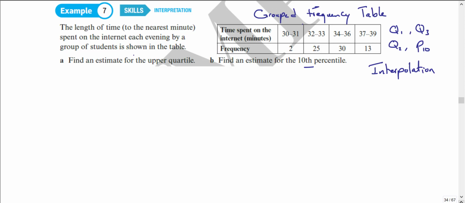You can see here that we have 2 students who spend between 30 and 31 minutes, 25 students who spend around 32 to 33, and 30 students who spend 34 to 36 minutes, and so on.